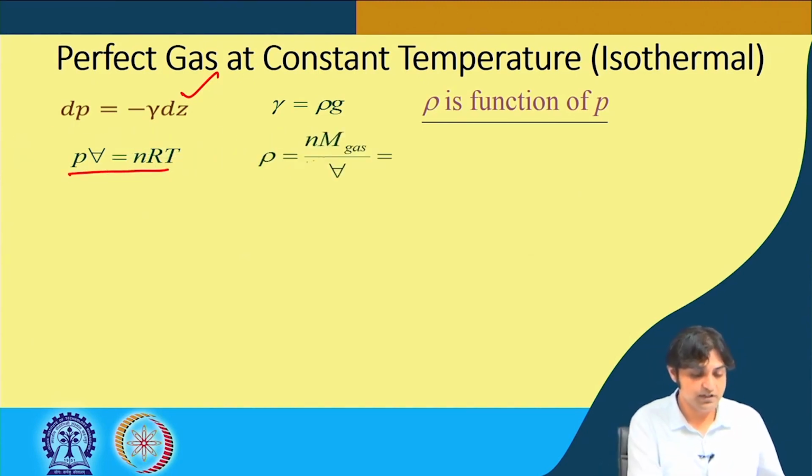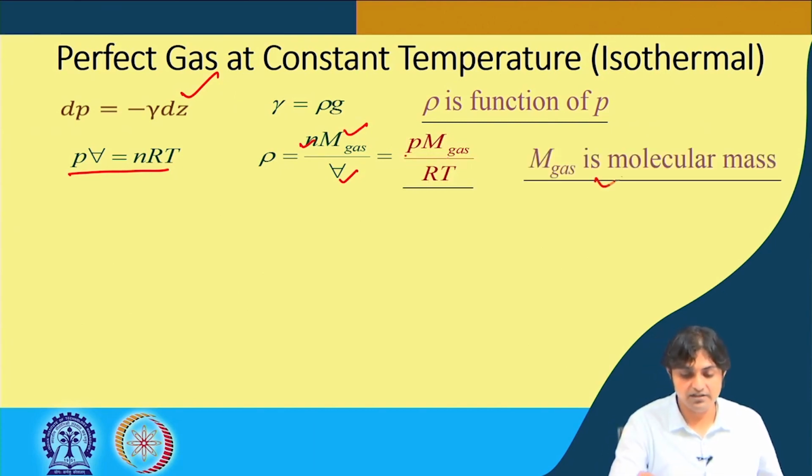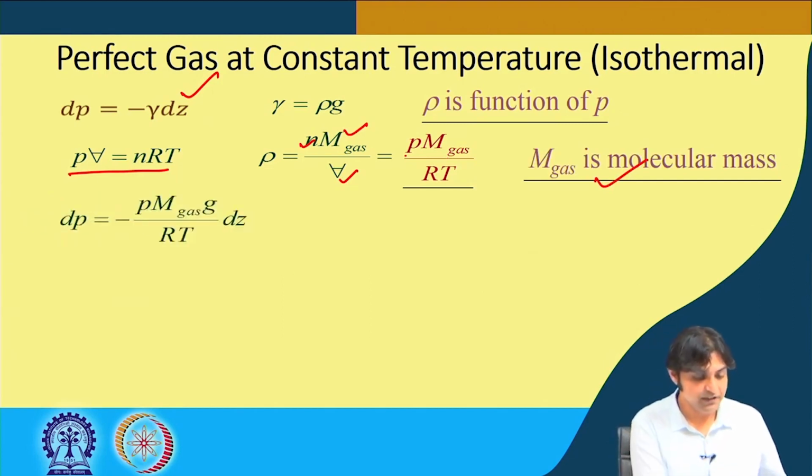So rho can be written as n molecular mass of the gas divided by volume, or in other terms as P m gas by RT, where m gas is the molecular mass which we have seen in lecture number 1.